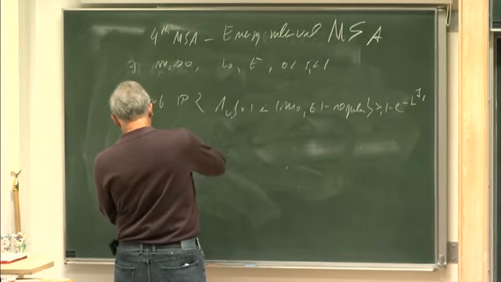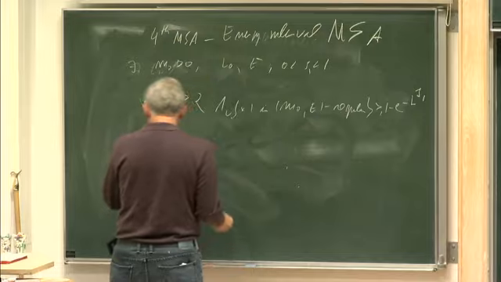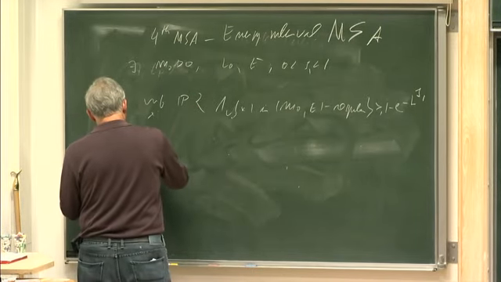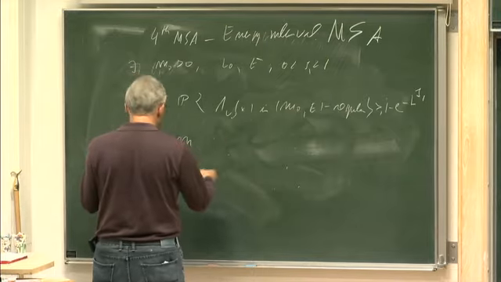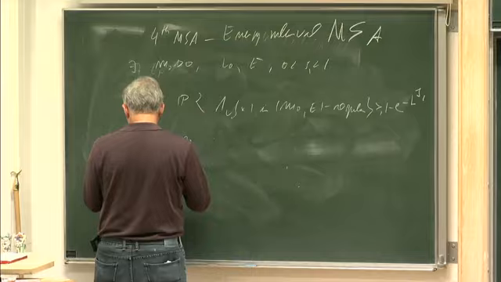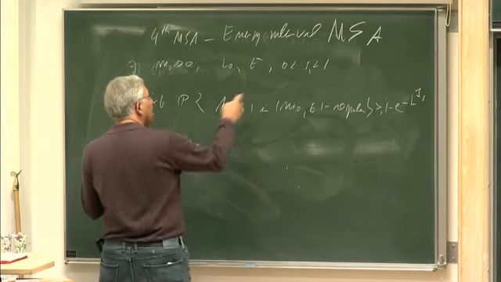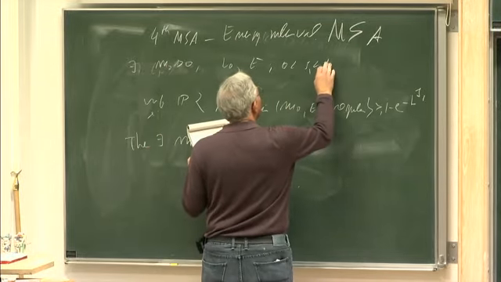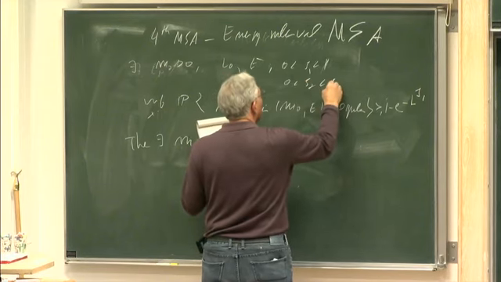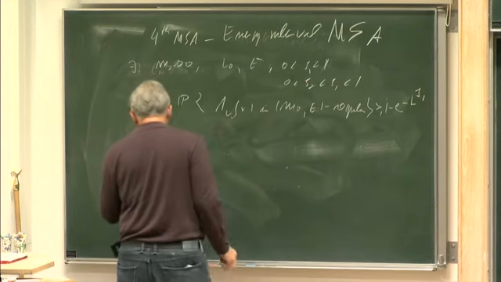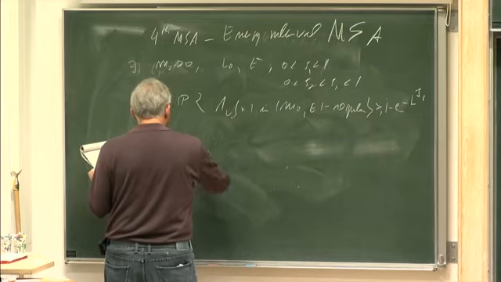How do I state it? Then there is some mass depending on, and now I am going to have here zeta 2, which is smaller than this, because I'm going to lose something.